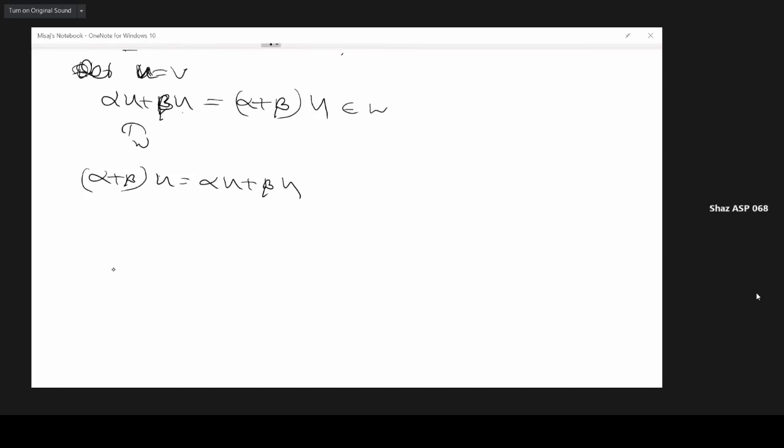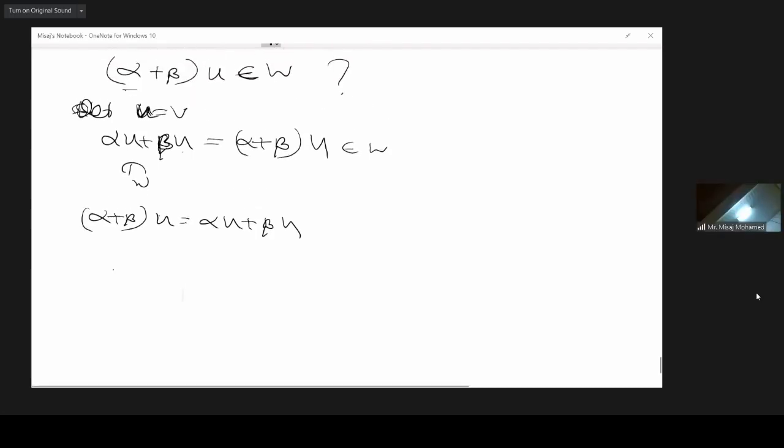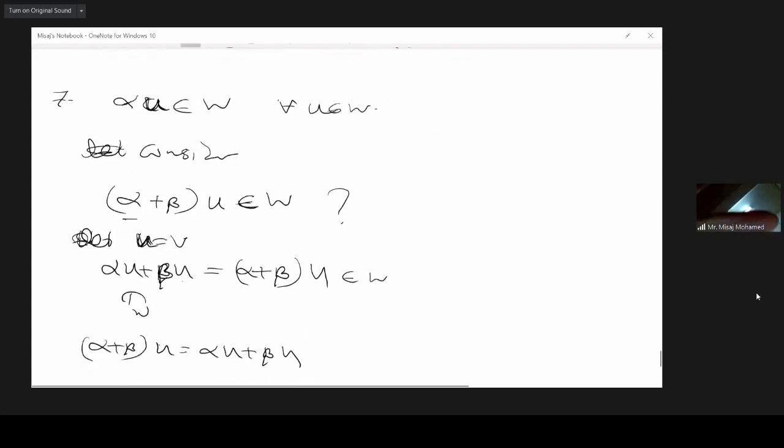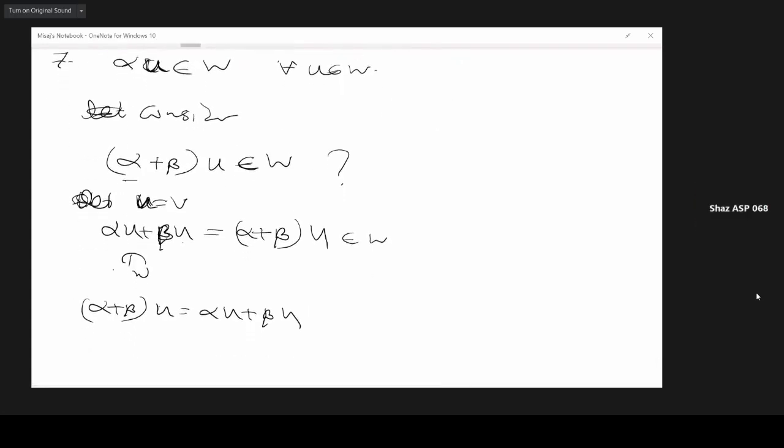So excuse me, this is coming under the distribution law, right? Yes, this is coming under the distribution law. I missed the orders, so what is the order? For that we need two scalars and one vector.